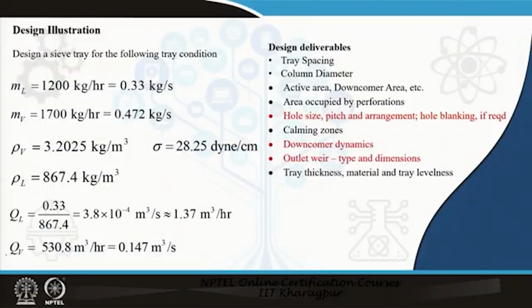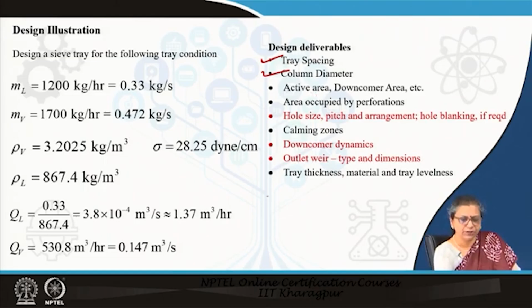Now, just to recollect, this was the design illustration, and out of the design illustration, how to calculate the tray spacing and the column diameter were already done. More or less what these particular ratios should be was also mentioned to you.